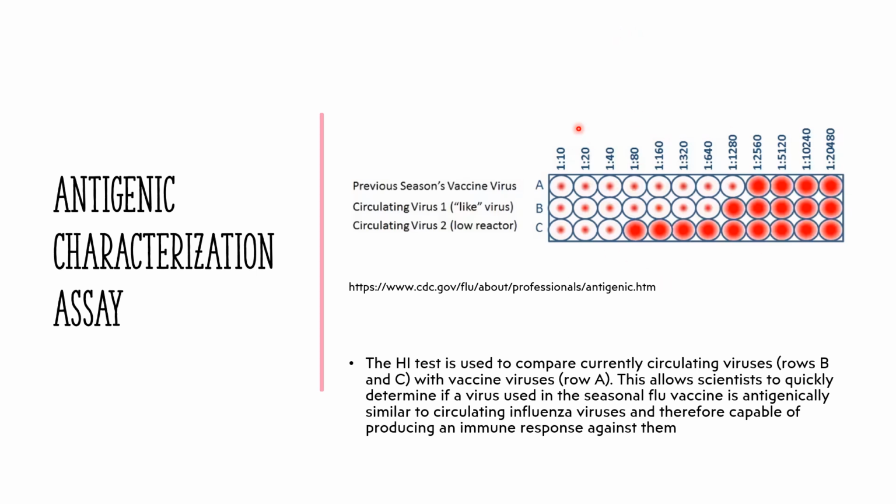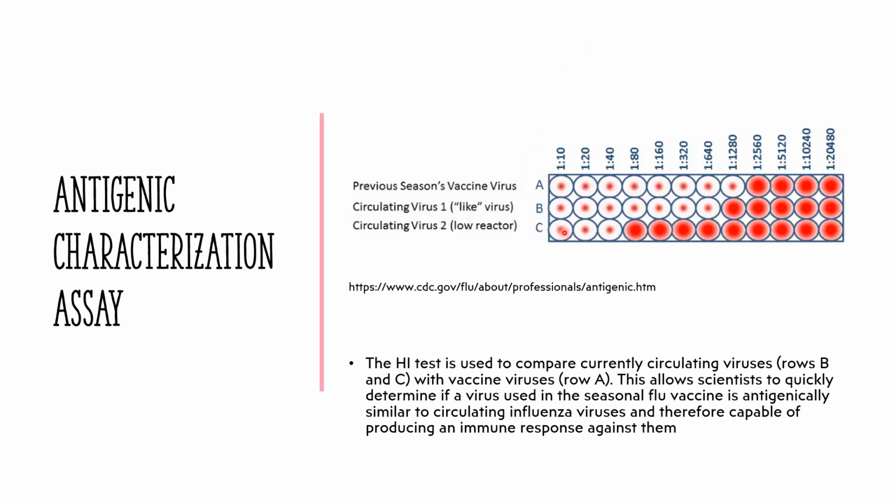In this example, the circulating virus 1 is compared with the vaccine virus. Circulating virus 1 differs by one dilution, that is a two-fold difference, and therefore is like the previous season's vaccine virus.